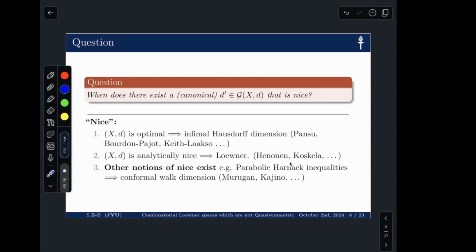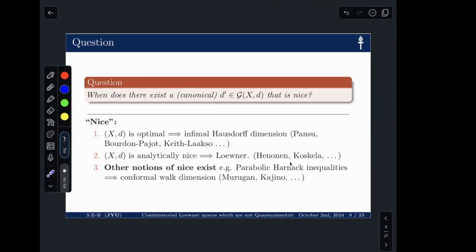So that's one way of thinking. We define a functional and find its minimum, or determine if the minimum is attained. Another thing is that we might want some nice properties from this metric, in particular some sort of first order analysis.